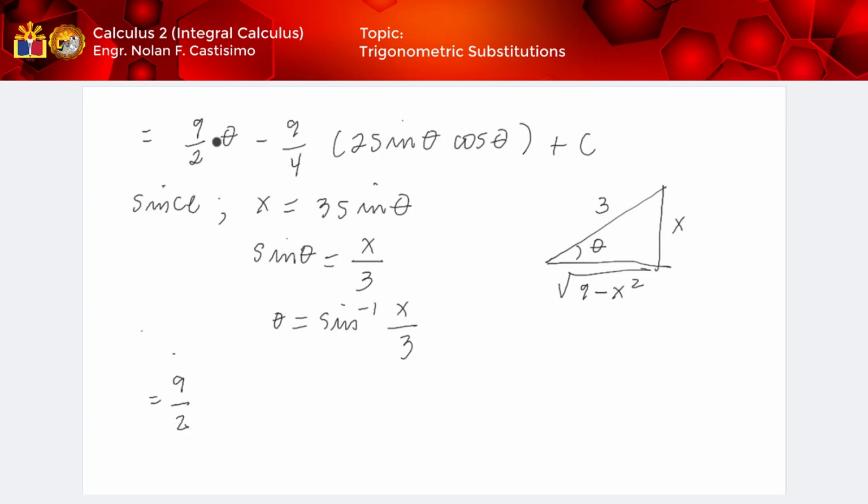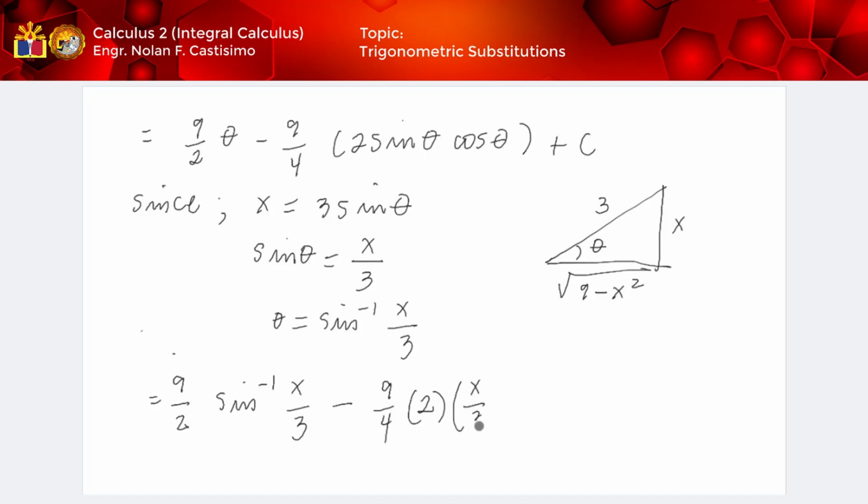So, substituting 9 over 2, and ang value ng theta natin ay sine negative 1 x over 3 minus 9 over 4. And then, ang 2 natin dyan. So, itong 2 natin, meron tayong 2. Lagyan ko na lang ng parenthesis. Tapos, ang sine theta natin ay x over 3.